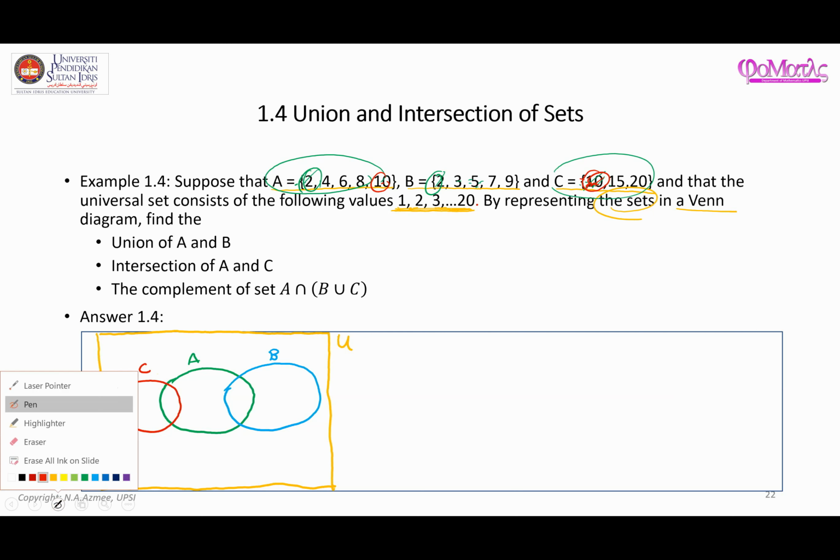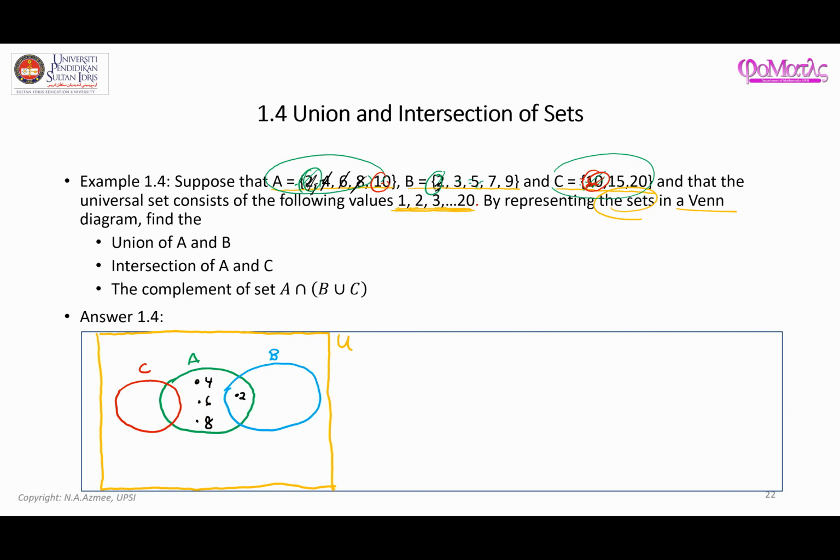Now we're going to list all the elements. Here we have 2 and 2, so they share the same element, and it will be represented in here as 2. And then we have 4, 6 and 8, so it will be 4, 6 and 8.